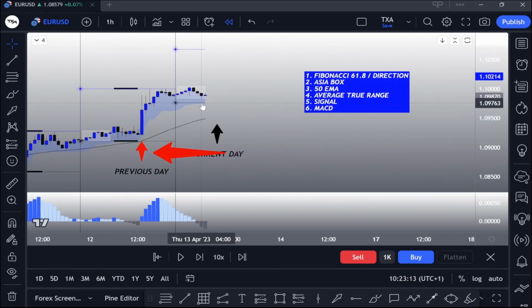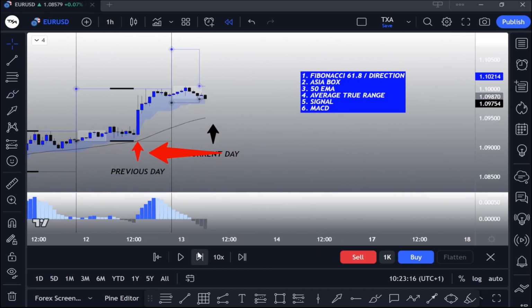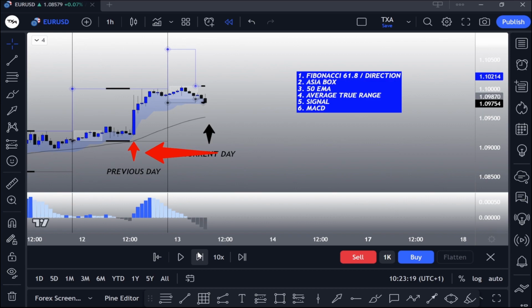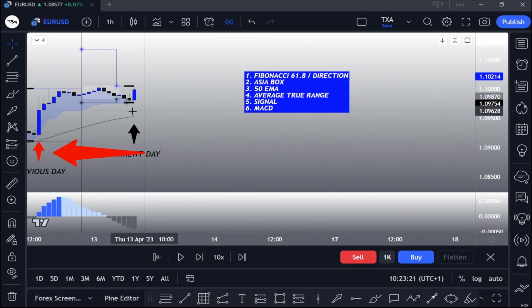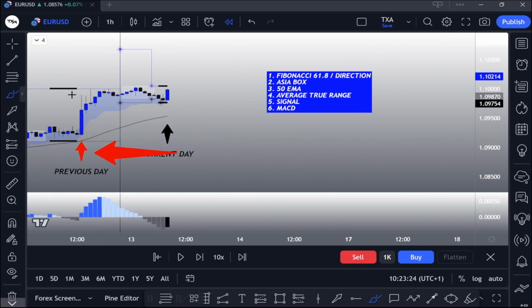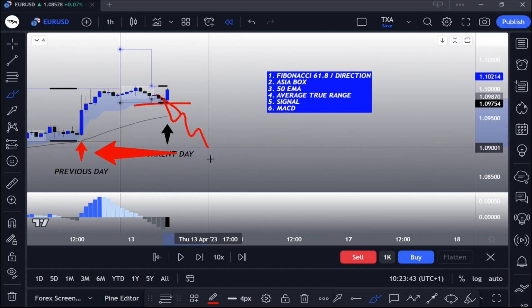As you can see right here, it's still blue. Sometimes the price will break the average true range area, the super trend area, and that could signify that the momentum is actually changing and that the bears are taking over control.